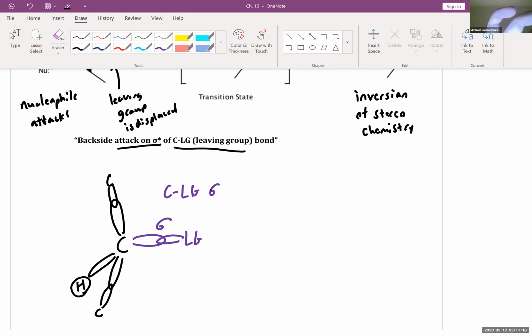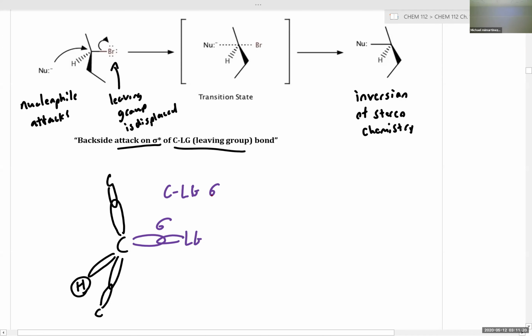Opposite to this sigma bond is a sigma star. And where is the sigma star? Where is the anti-bonding orbital located for a sigma bond? Is it on the same side or is it on the opposite side of your sigma bond?